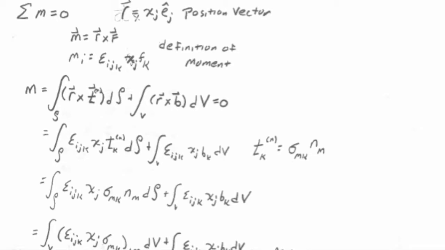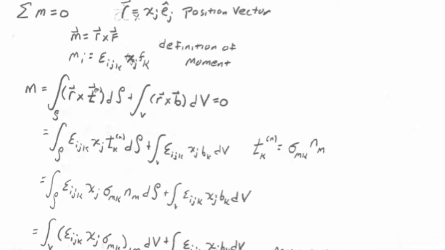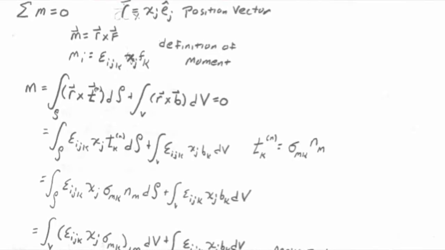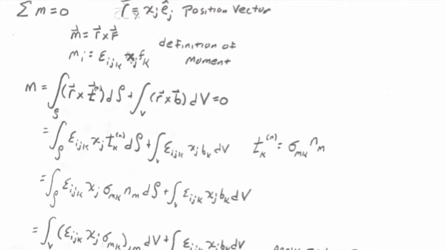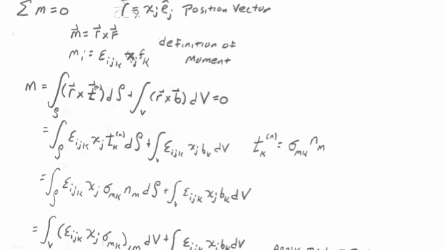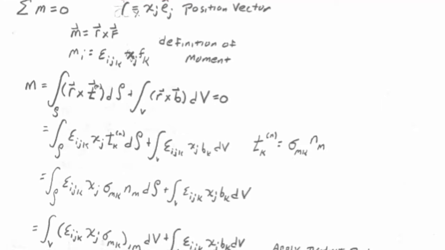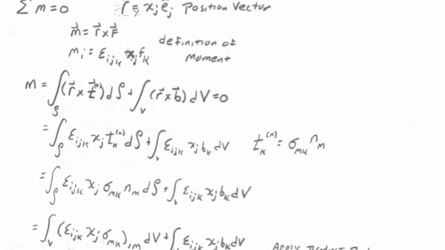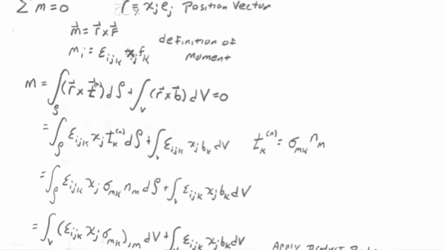So we have our dp dt term over here. That's the only difference between static and dynamic. We're not going to worry about dynamic for the rest of the class, but everything we're saying about equilibrium and balance of linear momentum still holds if you just put in the momentum term.